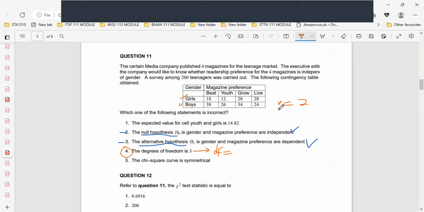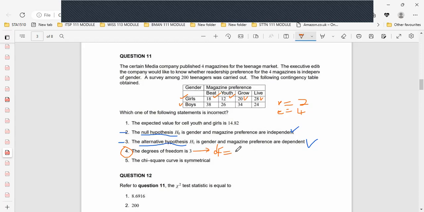Then the number of columns, we have what? Here we have column 1, column 2, column 3, column 4. So C is equal to 4. Column 1, 2, 3, 4, then rows 1, 2. Then we substitute.